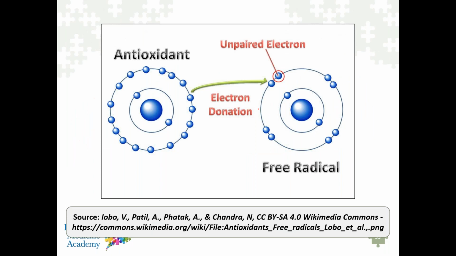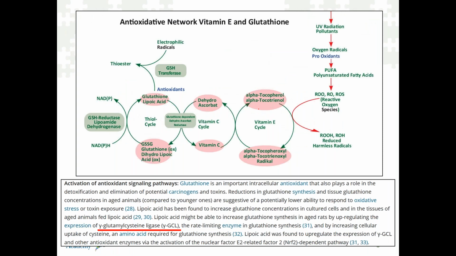So essentially an antioxidant helps to step in by donating an electron to the radical before the radical will grab an electron from something else, from a lipid, from a phospholipid, from a protein, from a nucleotide, whatever. And so that's what antioxidants are doing, is they're intervening before the radical has a chance to do tissue damage.